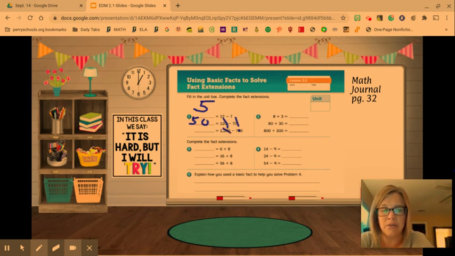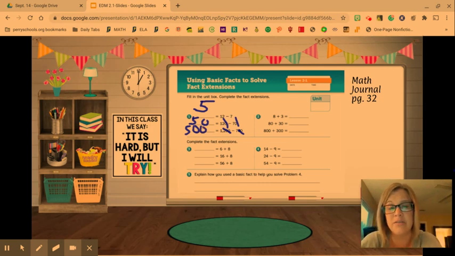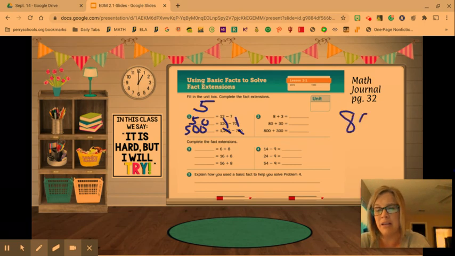1,200, I see 2 zeros. 700, I see 2 zeros. So I'm left with my base fact of 12 minus 7, which is 5. Only this time I'm increasing it by 100, so it is 500. It's important to remember that you can't just cross off if you have a number that is 80 and then you're adding 300.